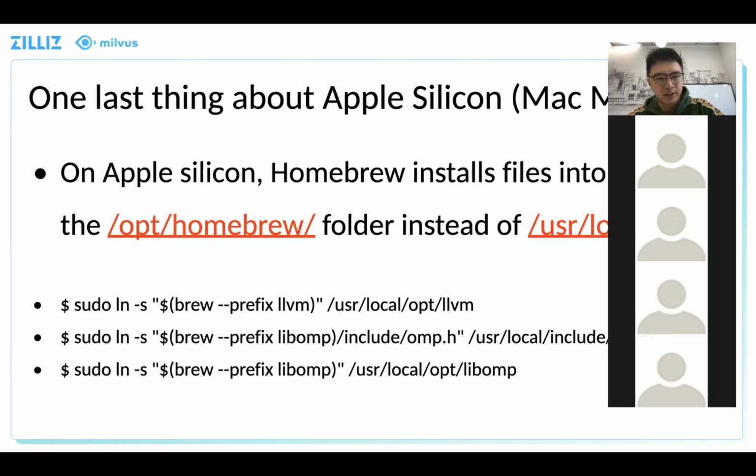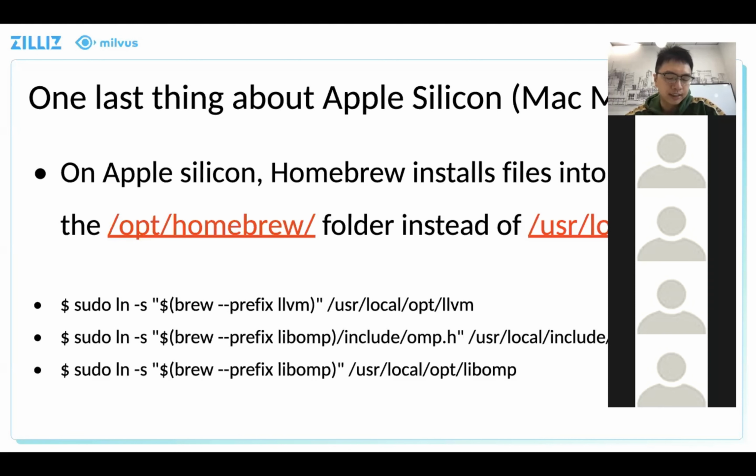It will install stuff under /opt/homebrew instead of /usr/local. The consequence is that you have to do a whole bunch of soft links to make your libraries findable. But don't worry about this. We have taken care of everything for you in the scripts.